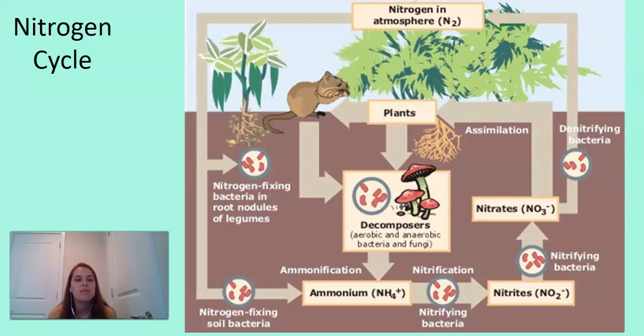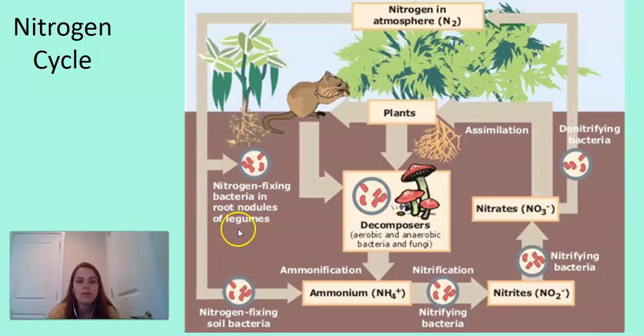So what we need to do is fix the nitrogen into something that's going to be usable for plants and animals and humans. And so this cycle is going to go over how that happens. So nitrogen starts out in the atmosphere as N2 gas. And you have these two spots right here. We're going to first start with nitrogen-fixing bacteria. Now, you're going to find that on the roots of plants.